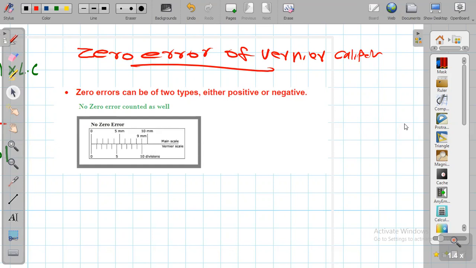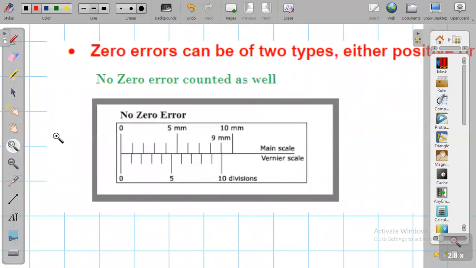When the external jaws are firmly closed, the zero line of the main scale and the zero line of the vernier scale should be placed in the same line. Coaxial, or overlapping with each other. You can write overlap, coaxial, placed in the same line, whatever.